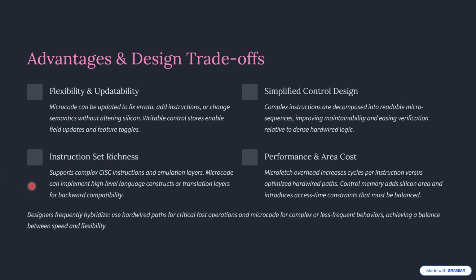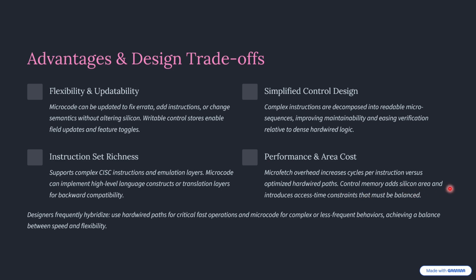Instruction set richness: it supports complex CISC instructions and emulation layers. Microcode can implement high-level constructs or a translation layer for backward compatibility. The final thing is performance and area cost. Microfetch overhead increases cycles per instruction versus an optimized hardwired path.